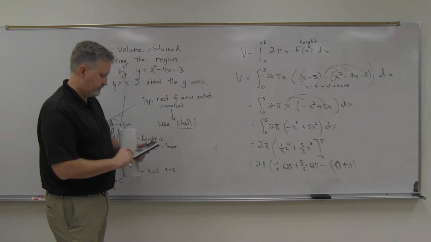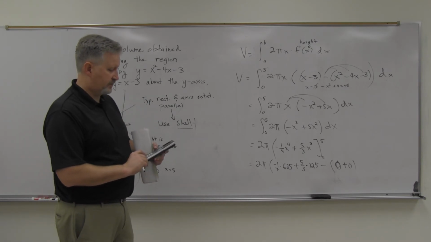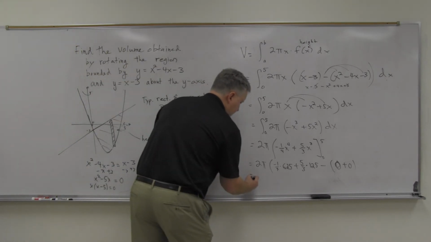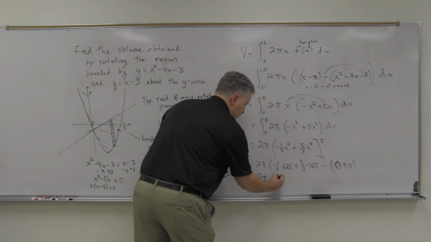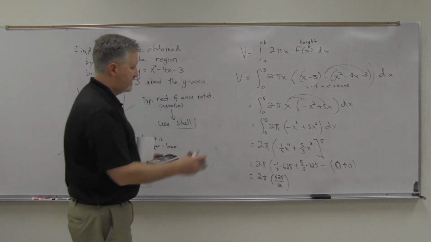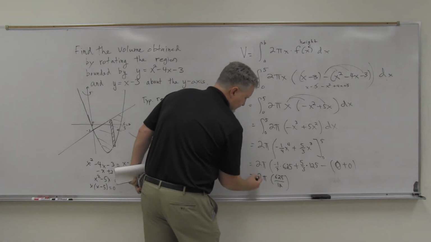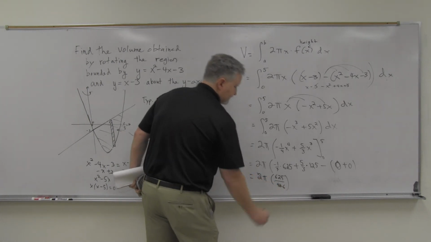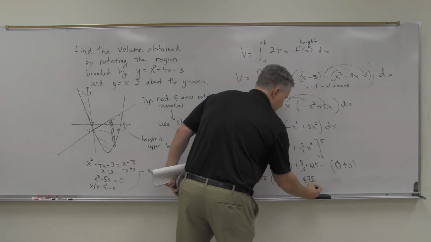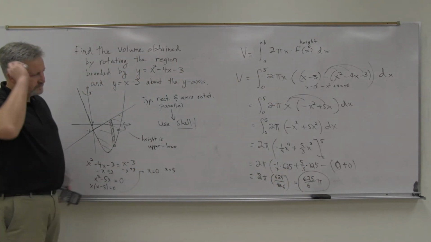That gives me 50.08333, but as a fraction that is 625 over 12. And then times the 2 pi, usually they'll go ahead and multiply in the 2, that'll cancel that. It'll be 6, so it'll be 625 over 6 pi. I believe that is what we'll get there.